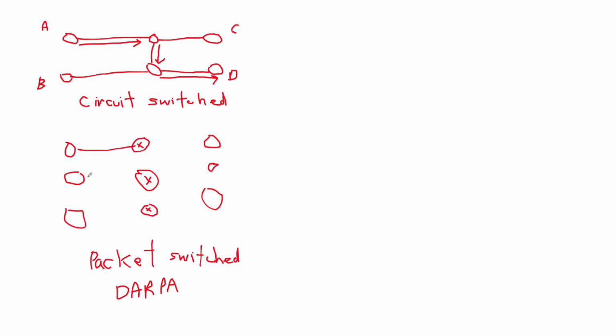I would have connections between everything. And these things could be anything. They could be army tanks, they could be bases, right? Back then, everybody was worried about nukes taking out major portions of the communications network.